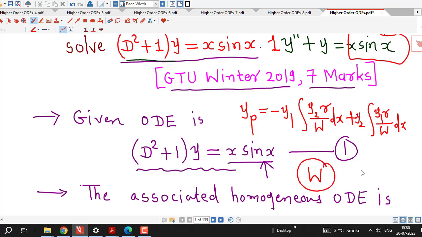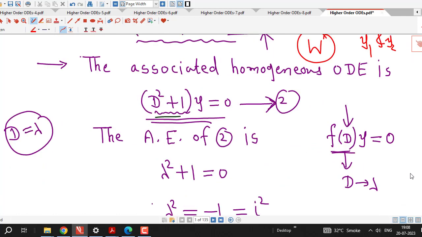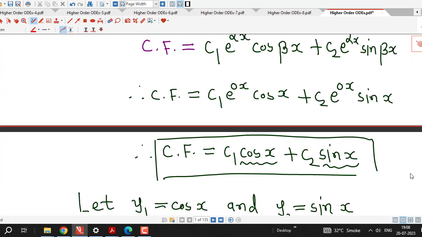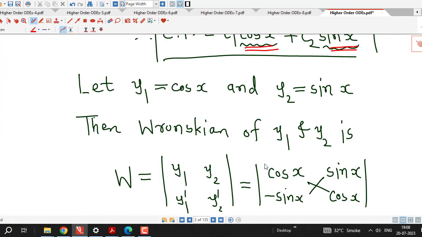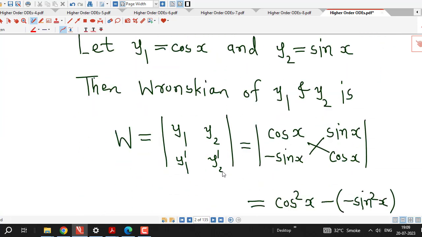Now this Wronskian is the Wronskian of two functions y1 and y2, which we have selected from the complementary function. If we have a second order differential equation, we will have two linearly independent functions in the complementary function, and we have to find out the Wronskian of those two functions using this formula.